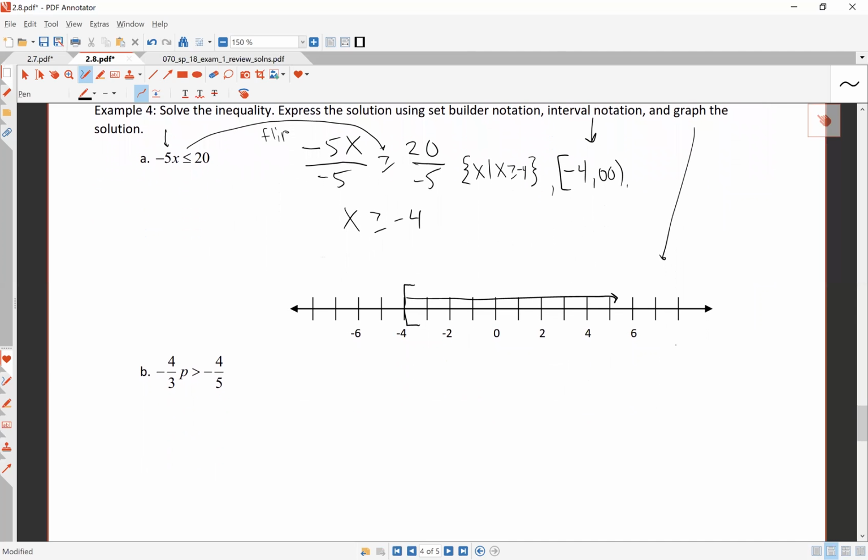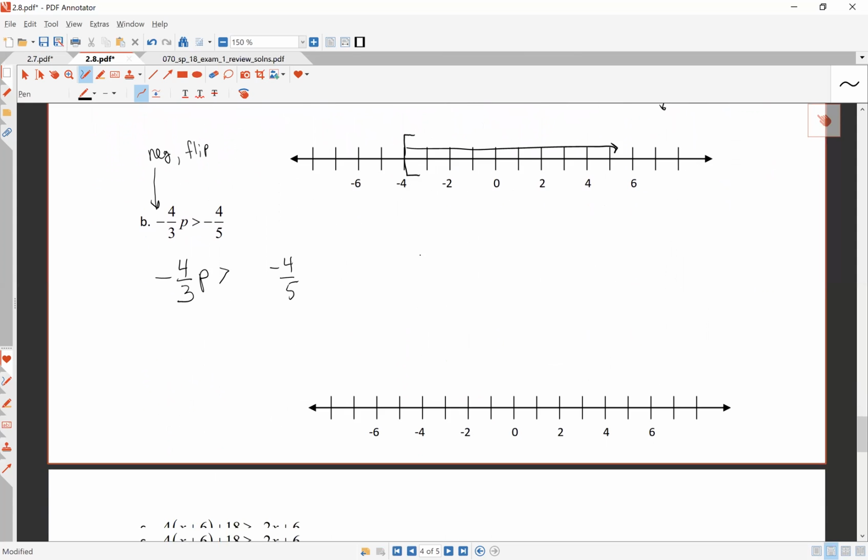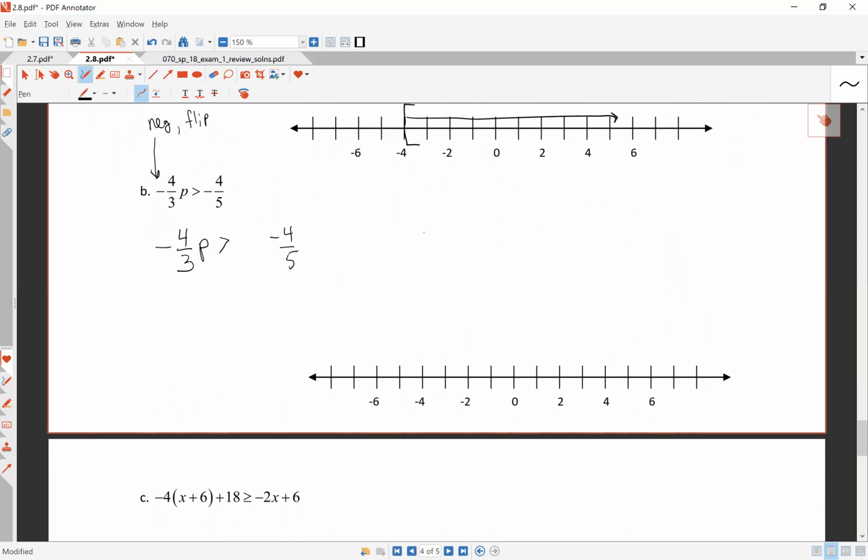Example 4b, when the coefficient of the variable is a negative, we're going to have to multiply or divide by a negative, and so we're going to have to flip. We solve this one by multiplying by the reciprocal of negative 4/3.